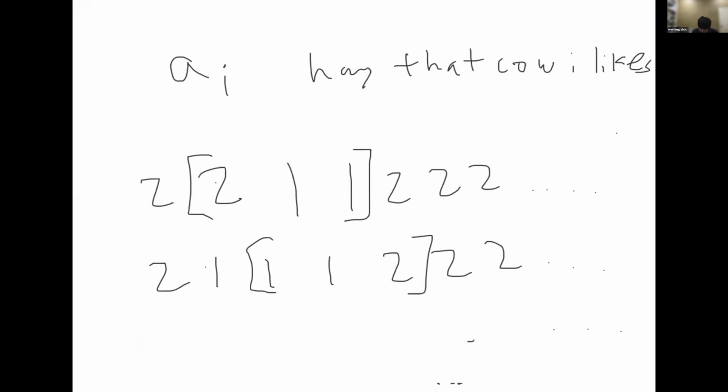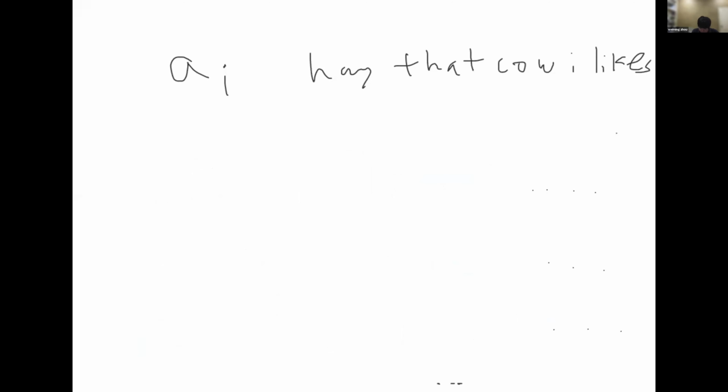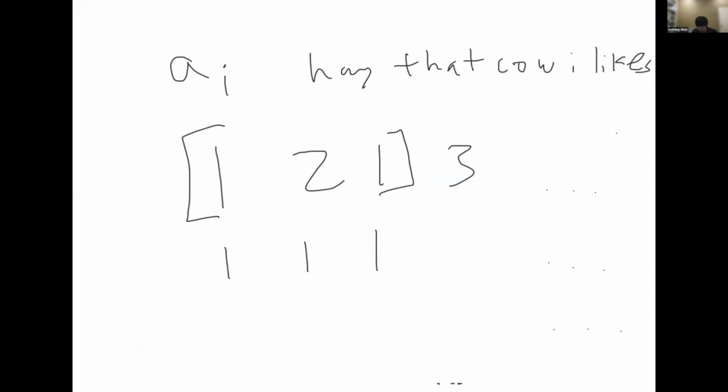So this covers most of the cases. And the final thing is that if you have a case that is like this, you can select this array and make all the cows like hay type 1. And then afterwards you now have 2 cows who are next to each other who like the same type of hay, so you can convince all of the cows to like this particular type of hay as well.